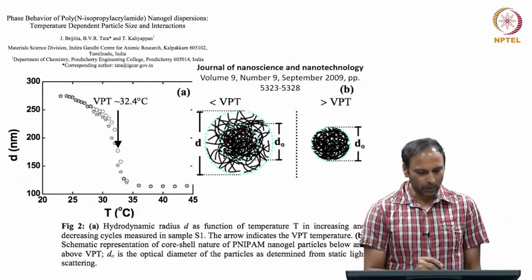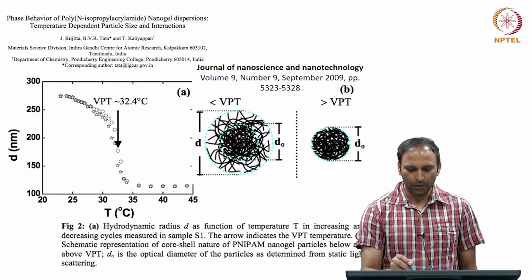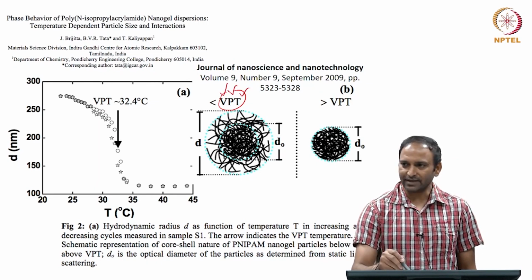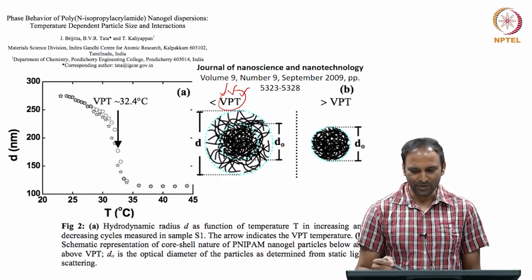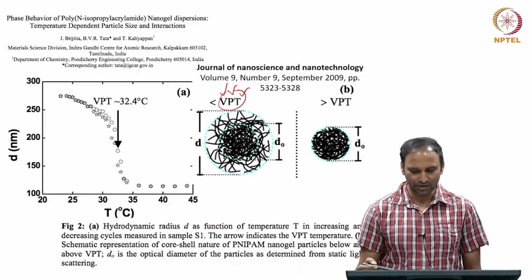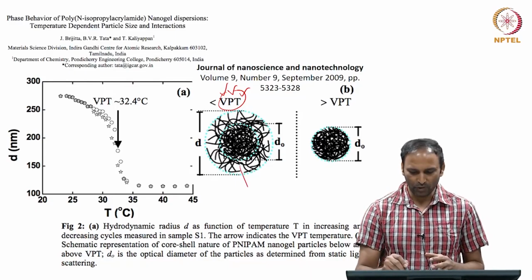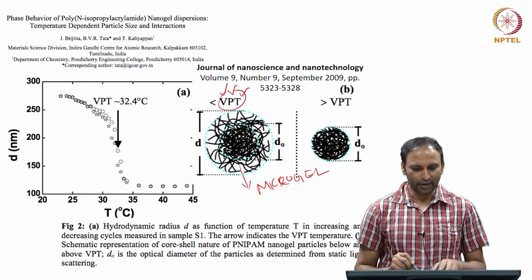This is another experiment where they were looking at a dispersion which has what is called a VPT, volume phase transition. What do I mean by volume phase transition? You have a particle, an example of what are called microgel particles.